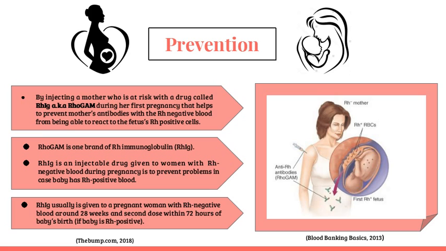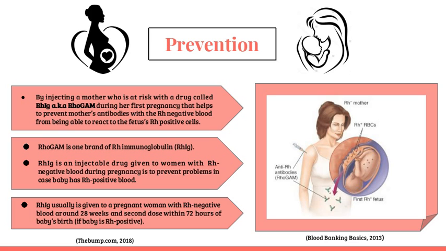This is a specially developed blood product that can prevent a Rh-negative mother's antibodies from being able to react to the Rh-positive cells of the fetus. Many women are given RhoGAM around the 28th week of pregnancy. After the baby is born, a woman should receive a second dose of the drug within 72 hours if her baby is Rh positive. If her baby is Rh negative, she does not need another dose.